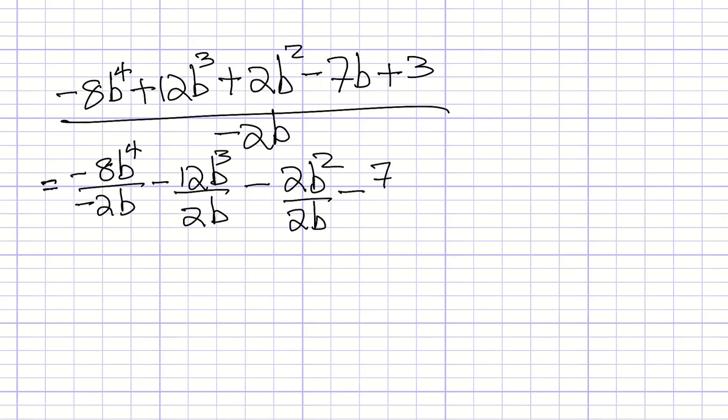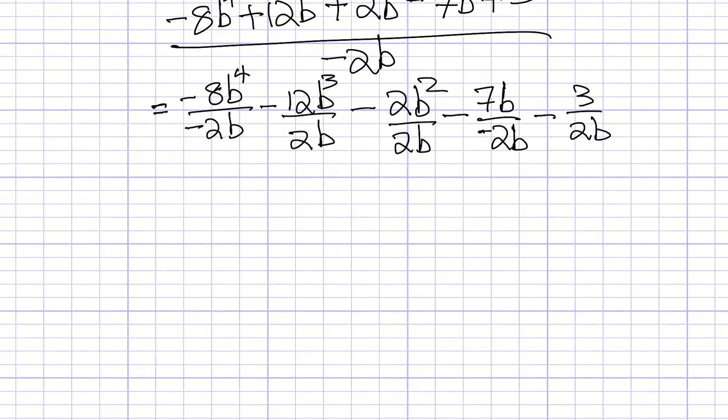Again, it's negative 7b over, what is that, negative 2b? Let me clean that up. We don't want to make it look like something it's not. Leave it like that. Plus, actually, we change it to negative because it's going to be negative 3 over 2b.